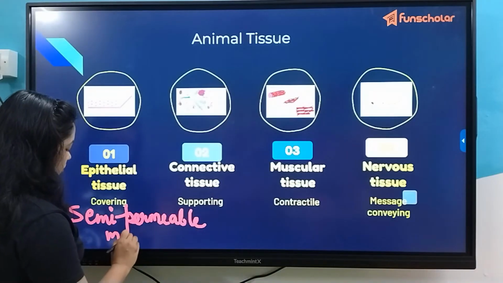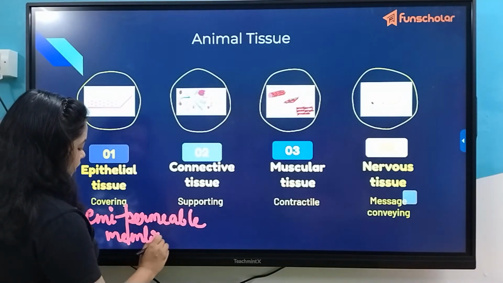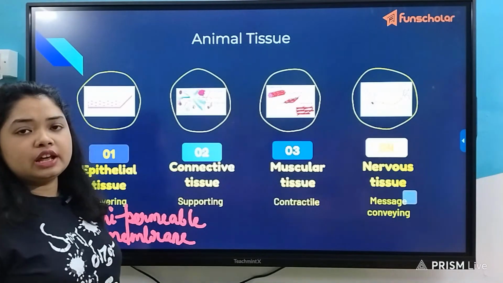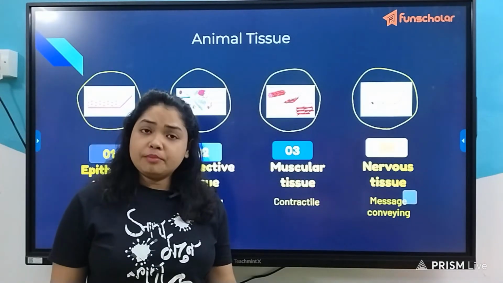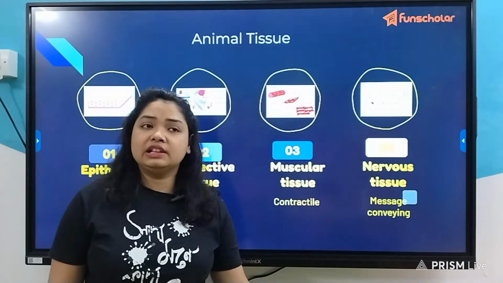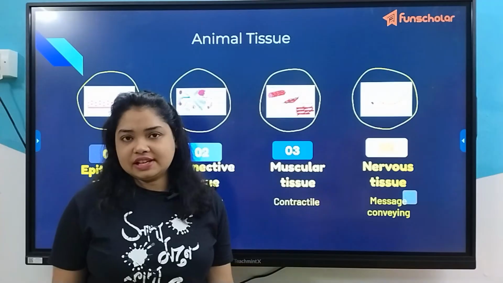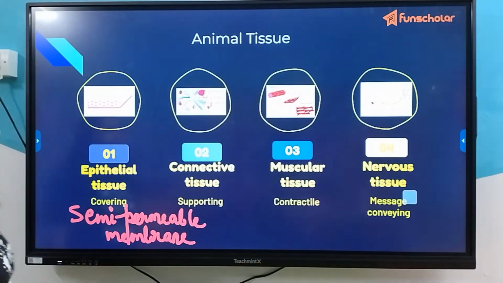It also forms a semi-permeable membrane which, since this is filtration, will allow some molecules to pass through, while the other ones which are undesirable remain on the other side only. It will not allow them to pass through.